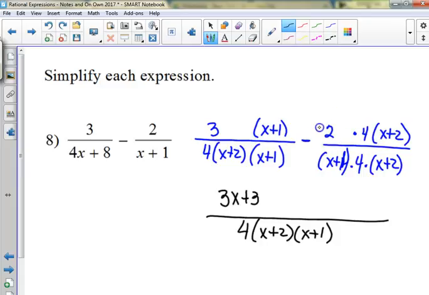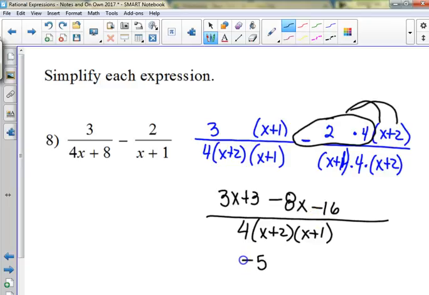Does that make sense? So that I don't lose it. So I'm going to distribute a -8 in here. So I'll get minus 8x minus 16. So I have a negative 5x minus 13. Did anybody get that? However you decided to do it. Is anybody getting something different and needs me to come see if you lost a negative somewhere?